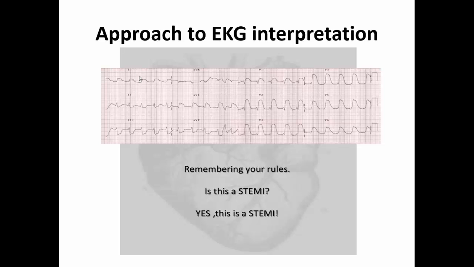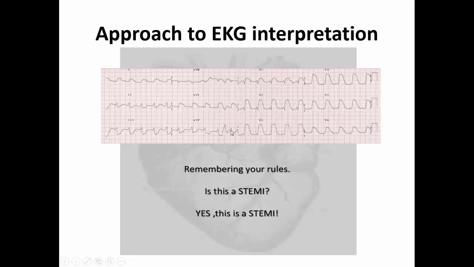What about this EKG? I'll give you just a second to take a look at that. Again, trying to consider the rules that we have for reviewing this. It looks pretty regular for the most part. I believe there are P waves in front of every QRS complex, but it's a little tough to say for sure. The heart rate is a little over 100.